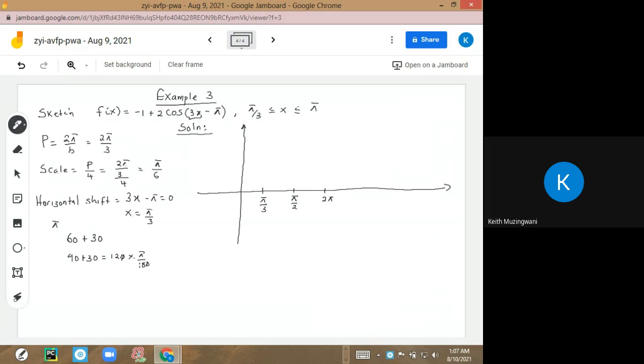We get 2 pi over 3. And then 120 plus 30, we get 150. Convert it to radians, we get 5 pi over 6. And then 150 plus 30, we get 180. 180 is just pi. So we have got every point of the interval in radians.